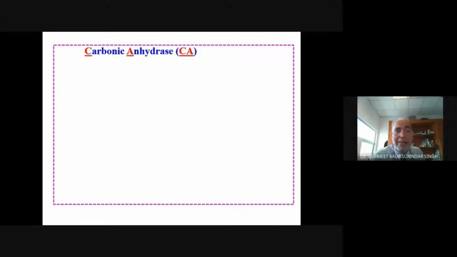Actually, carbonic anhydrase is a large family of enzymes which are widespread in most living cells. Mostly all organisms contain carbonic anhydrase, and it is a non-porphyrin zinc-containing enzyme, the first one discovered containing a metal such as zinc.